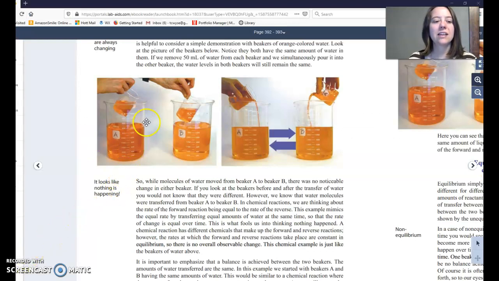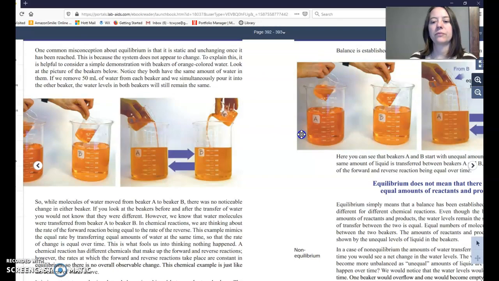Looking at beaker A, we take some colored water or molecules out of beaker A, and we do the same for B, and then we switch them so that A molecules go into beaker B and B molecules go into beaker A, and we have the same amount. So it looks like it's the same, but it hasn't been unchanged. There have been subtractions and additions. It's just that the subtractions and additions equal each other.